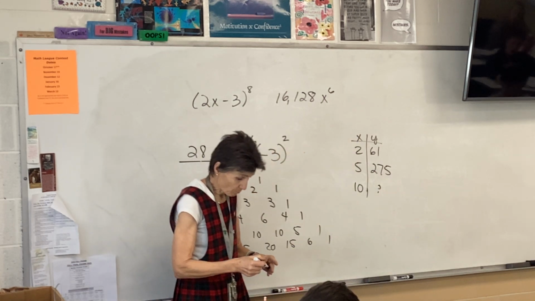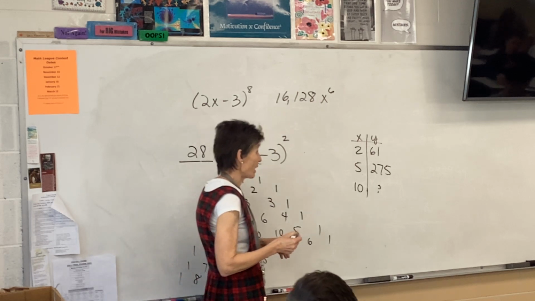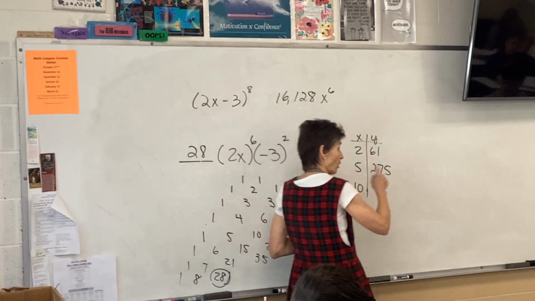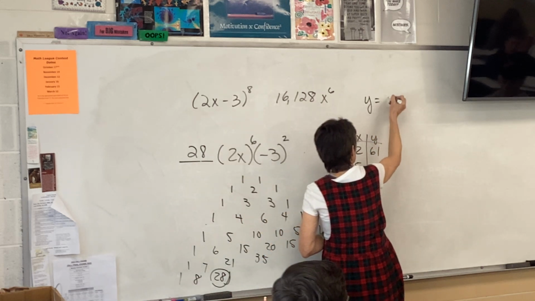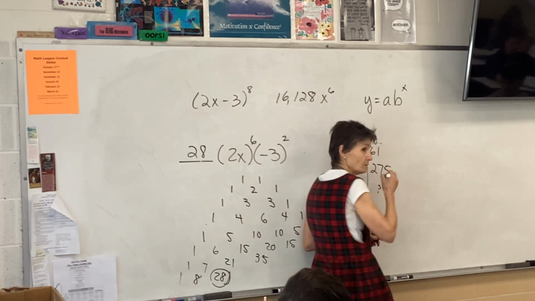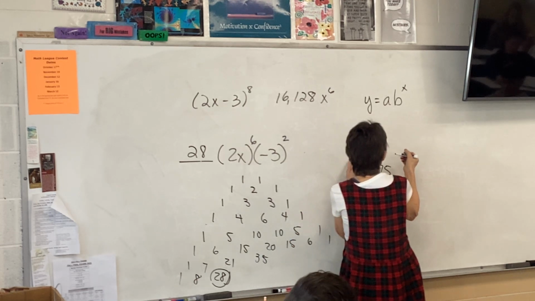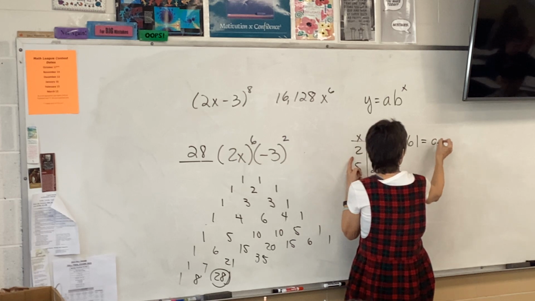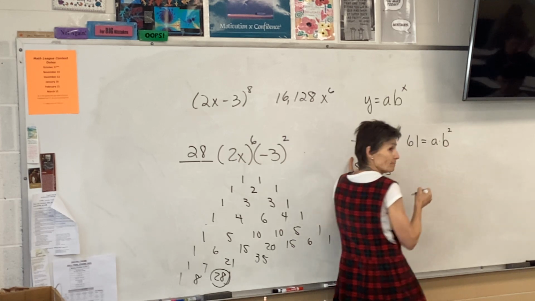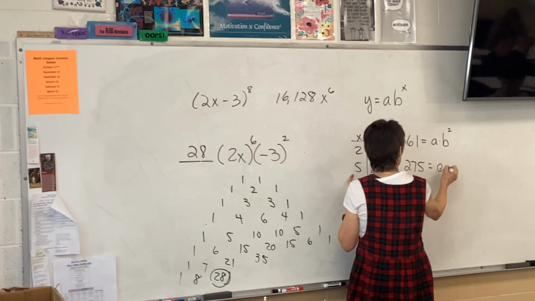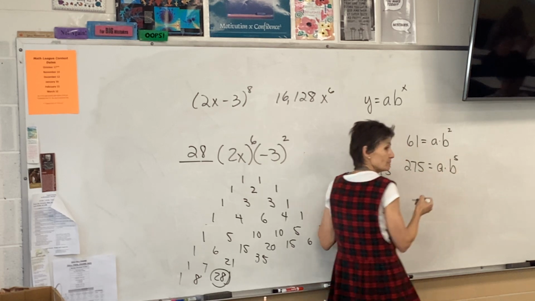Right, and I have no directions here, so I could do this with regression on my calculator. I could also remember that an exponential is this model, so I could set up 2 equations. What would those equations be? 61 equals a times b squared, and 275 equals a times b to the 5th.